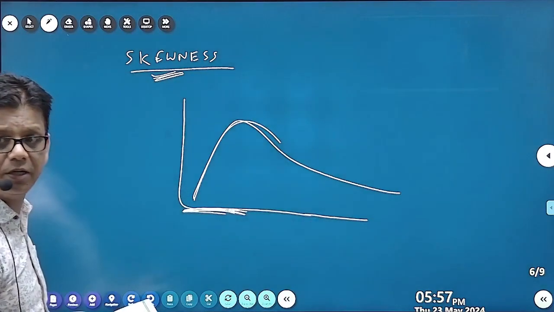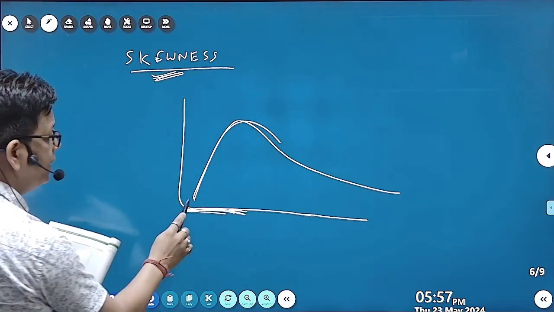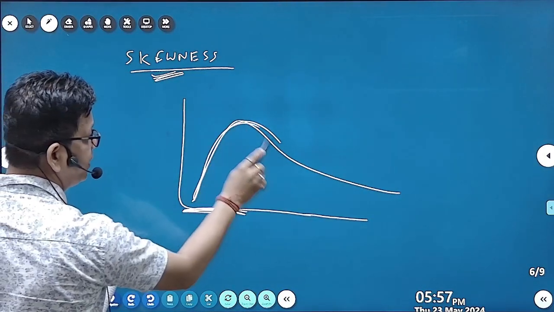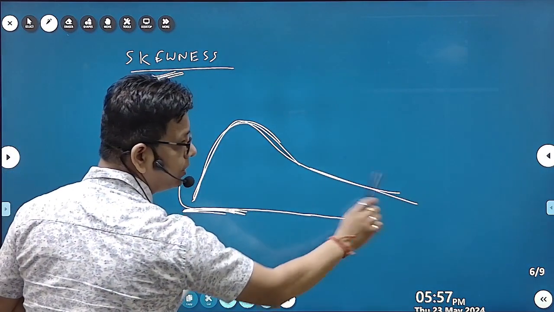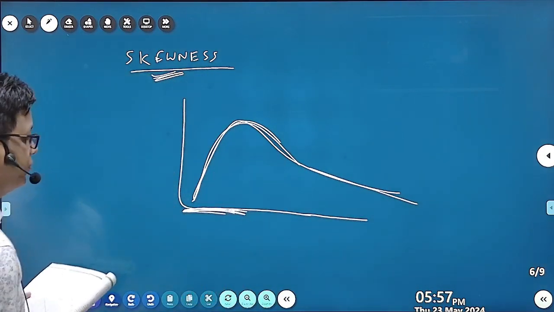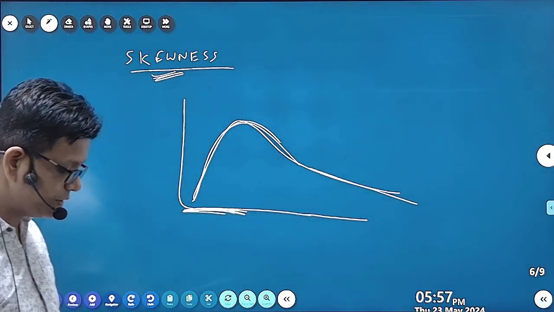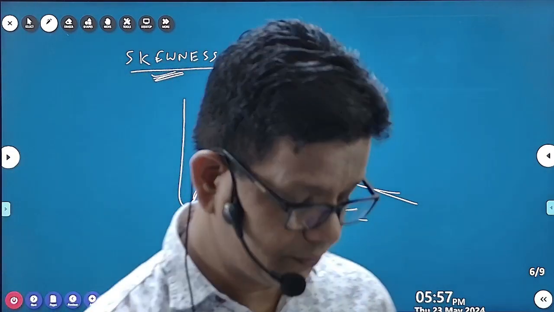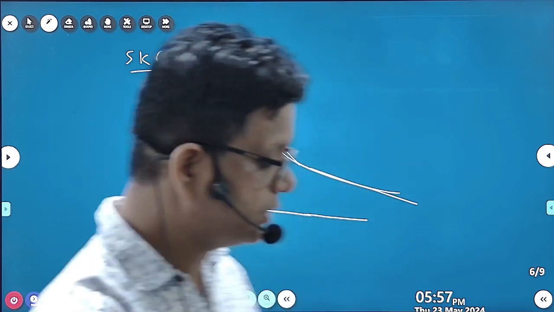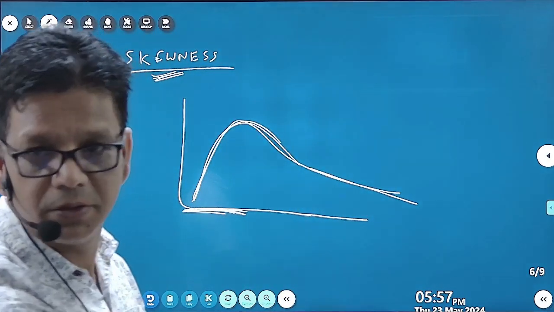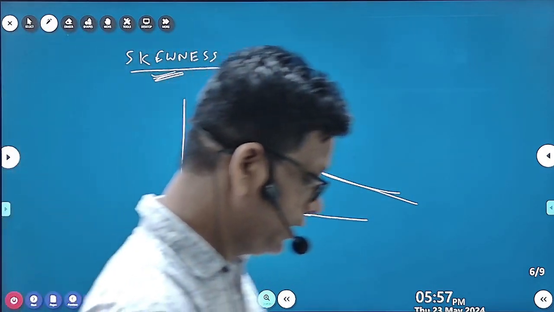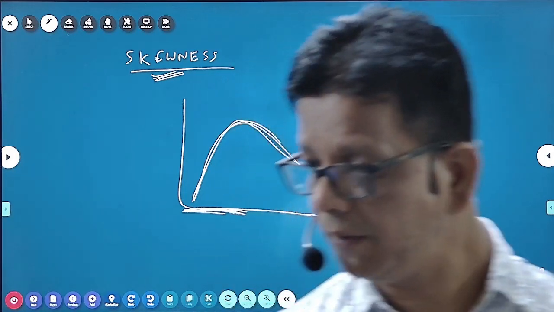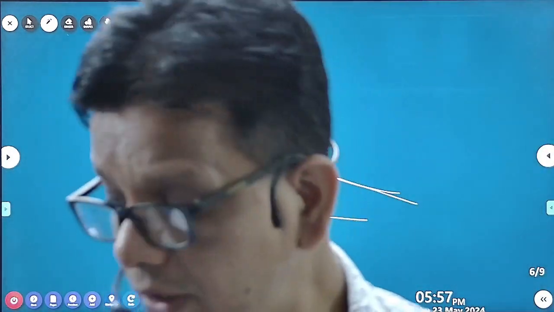Suppose a cricket player goes for batting and in the initial two or three hours he bats very well, then his runs decrease. This is positively skewed. You look at this, a question comes in the exam: in positively skewed data, which one is greater, mean, median or mode? You can also underline it there. In positively skewed data, mean is greater than the median, which is greater than the mode.